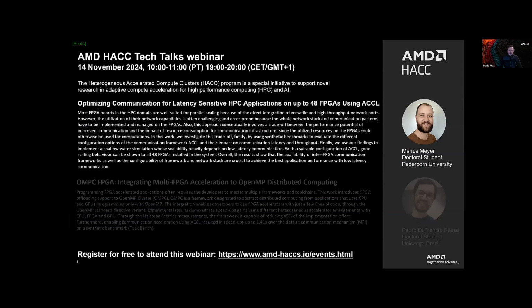The presentation is going to be done by Marius Meyer, who is a PhD student at the Paderborn University and research associate at the Paderborn Center for Parallel Computing. His research interests include the implementation and optimization of HLS and OpenCL-based FPGA applications, multi-FPGA applications, and inter-FPGA communications.